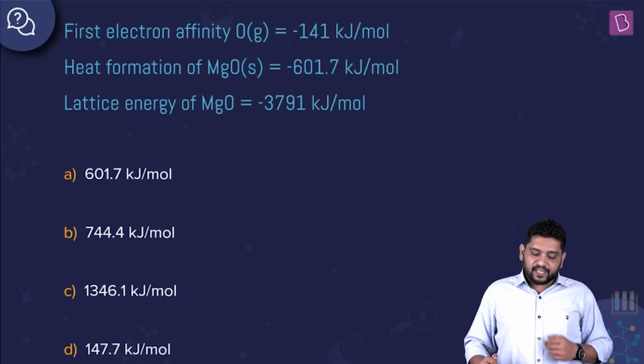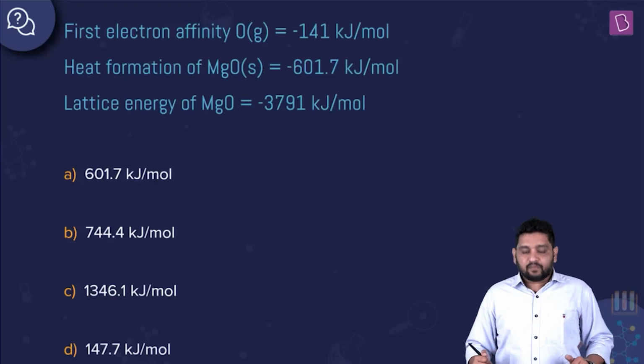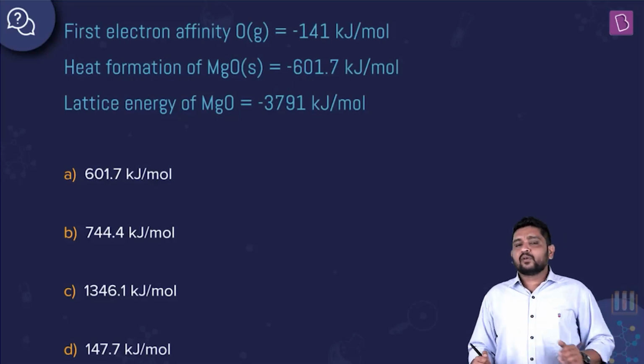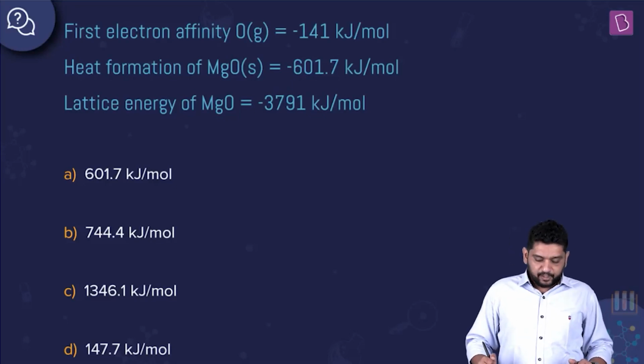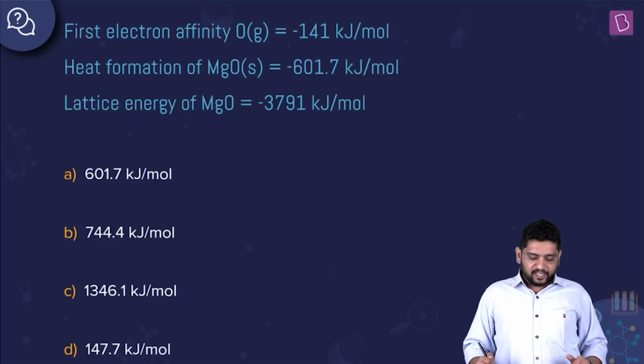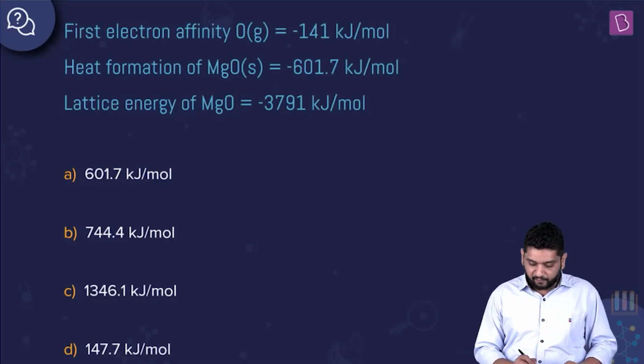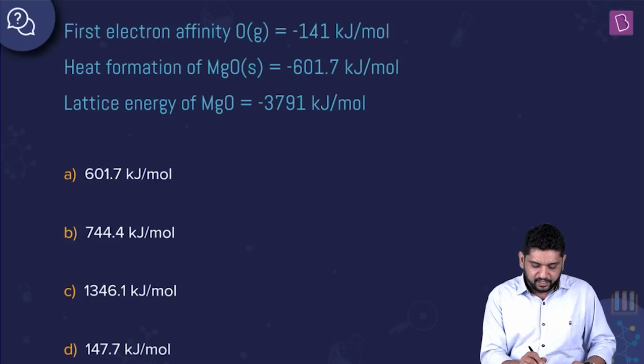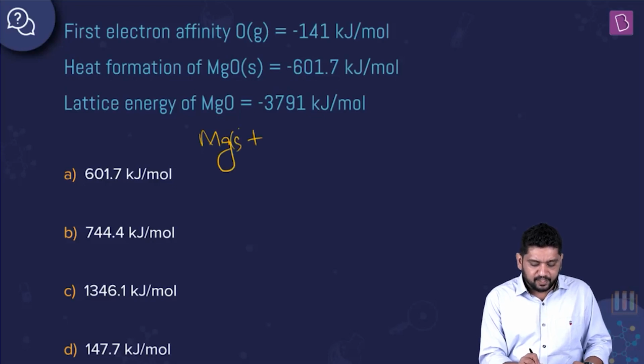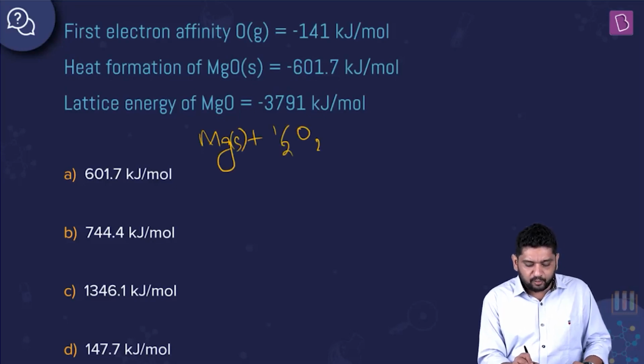If you have to break down 1 mole of MgO into Mg2 plus and O2 minus in the gaseous phase, the energy required will be 3791. Obviously this question is an application of our Born-Haber cycle. So let's see, what do we have? The formation of MgO: Mg solid plus half O2 in gas phase, giving you MgO solid.